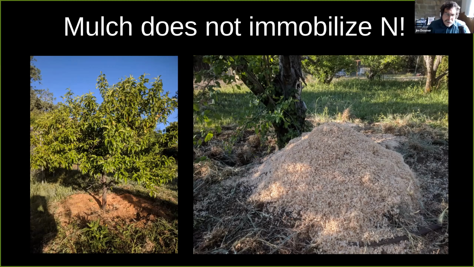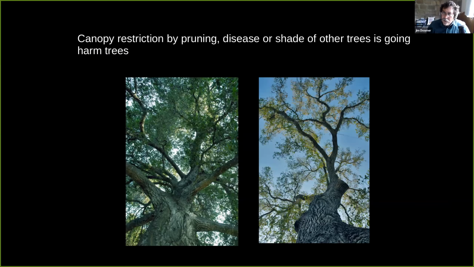So I want to talk about the canopy for a bit, and this is just one slide on the canopy, but decreasing the canopy of trees is not good for trees. Trees don't want to be pruned. They don't want to be shaded. They don't want to be diseased. Conserving the canopy conserves the tree.